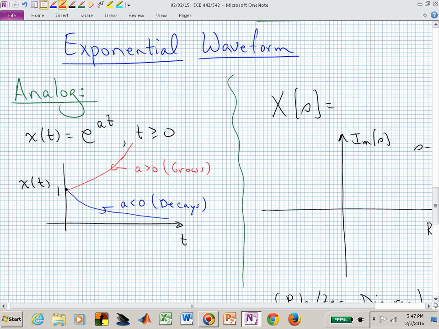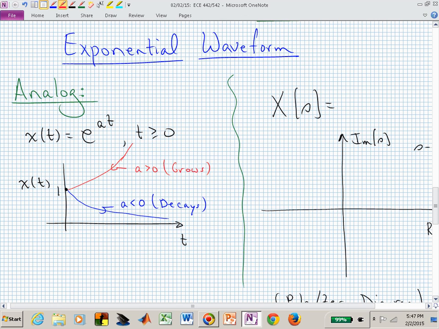What's the Laplace transform of e to the AT? And now let's just keep A as positive for illustration purposes. If you had the Laplace transform of e to the AT, what would that look like as capital X of S? Do you remember?